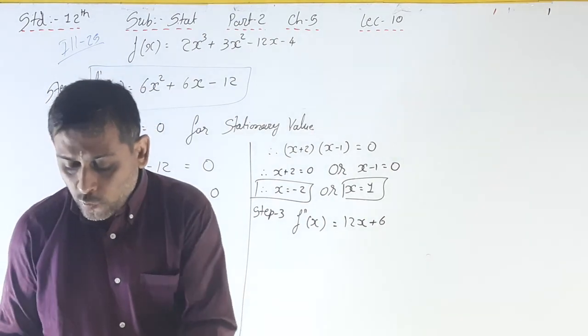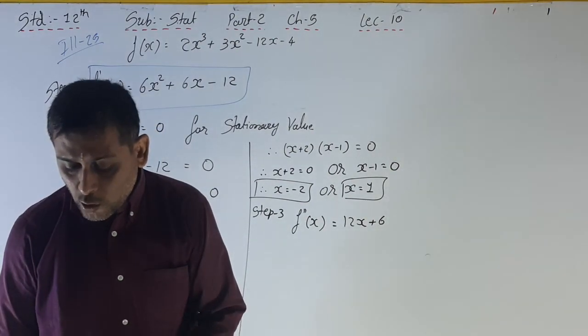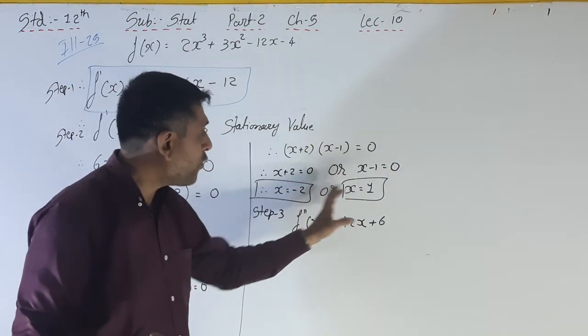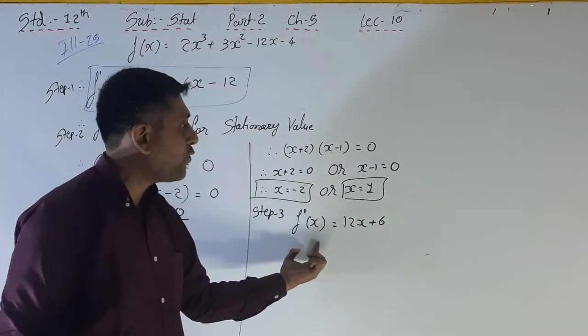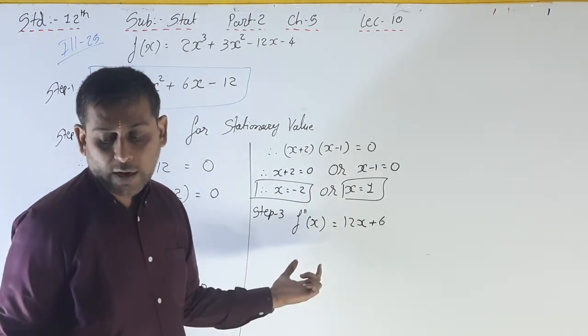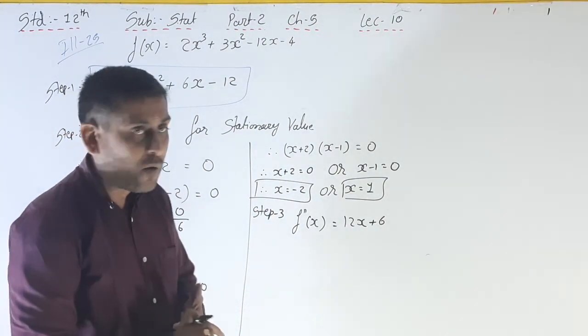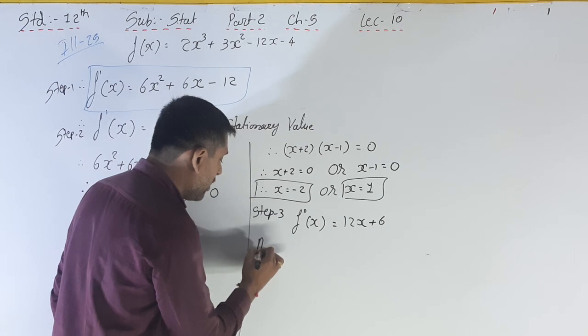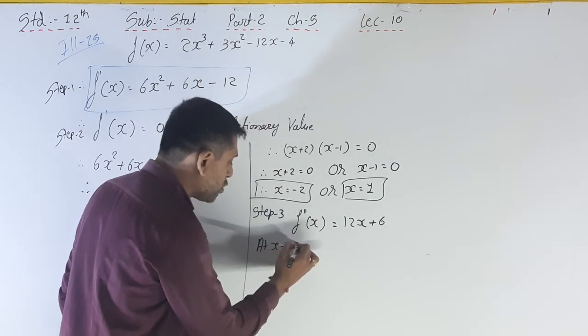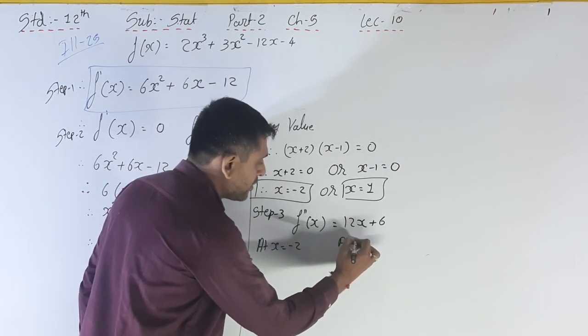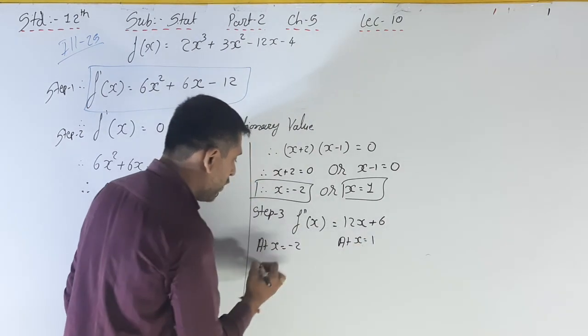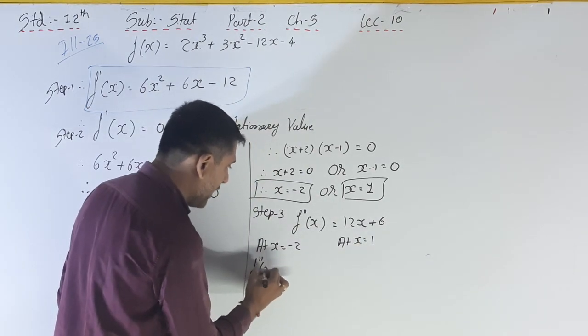And now we have to put both the values of x into the second differentiation, and then we can say which is the maximum value and which is the minimum value. That's why at x is equal to -2 and at x is equal to 1, what is the value of f double dash x?